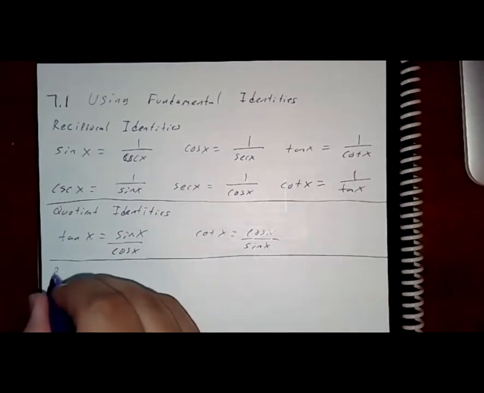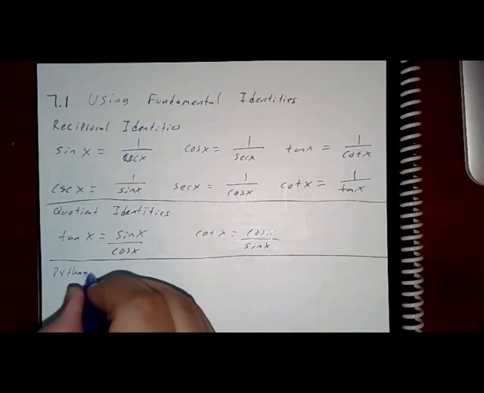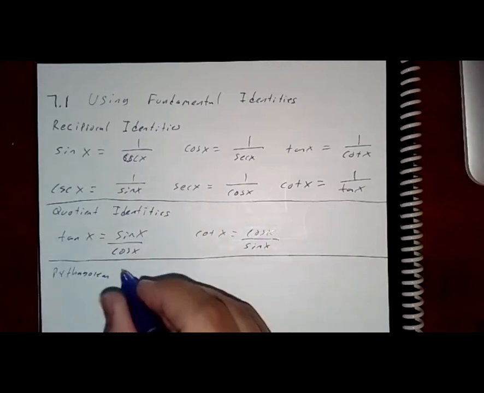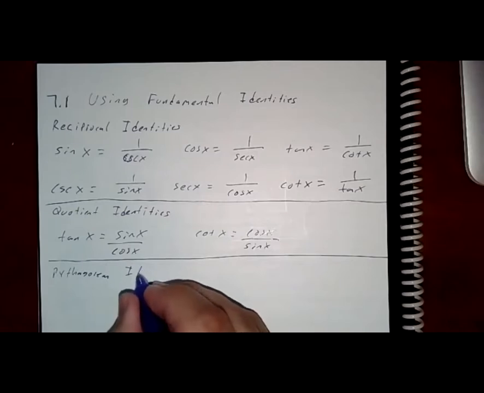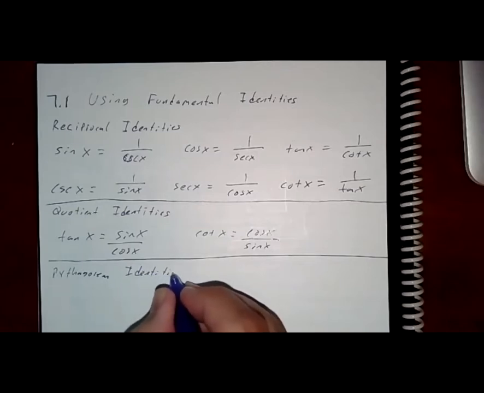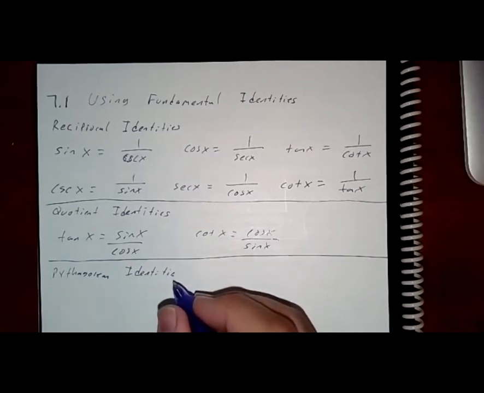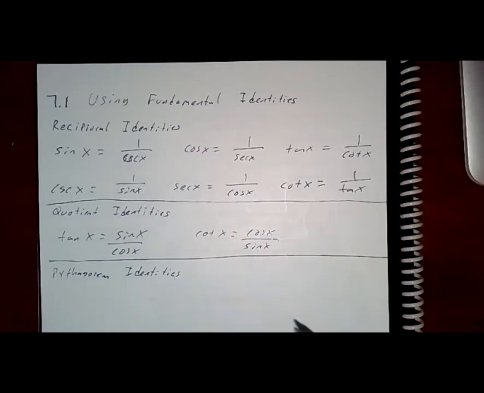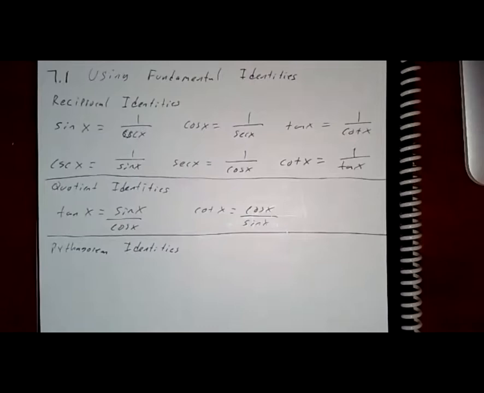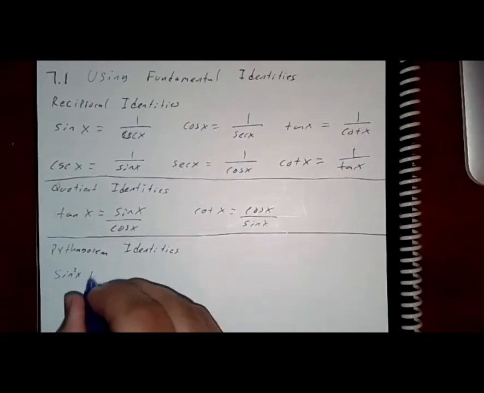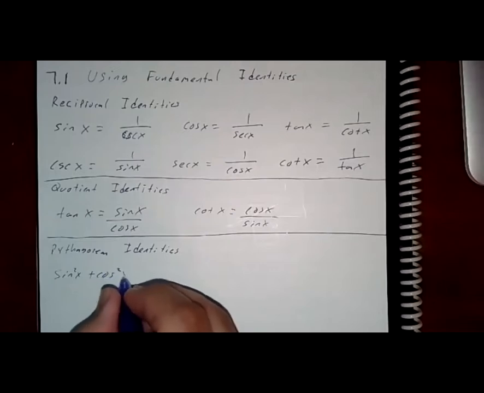Pythagorean identities. These all come from the original: sine squared x plus cosine squared x is equal to 1.